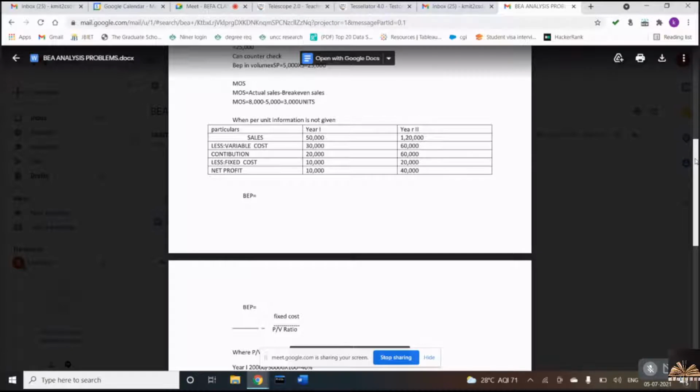Variable cost per passenger 150 rupees. Fixed cost 25 lakhs per year.